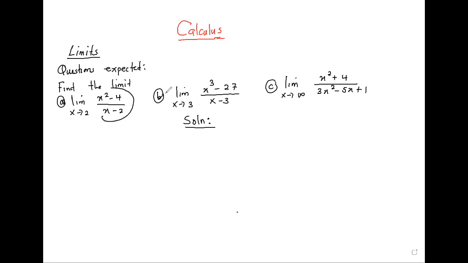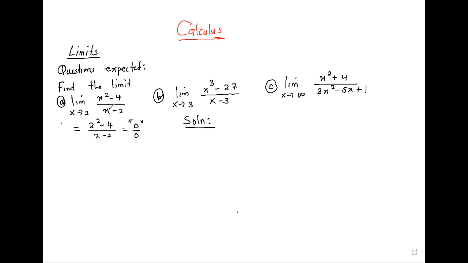Limits give us some room to say, if you can't get a value directly, you can simplify the function and then substitute. So in this case, if we substitute, we have 2 squared minus 4 over 2 minus 2, which gives 0 over 0. We don't want this because that is undefined.